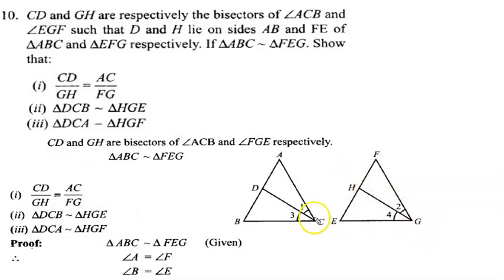They are the bisectors of angle ACB and angle EGF. So these are the two angles, and CD and GH are the bisectors as shown here.